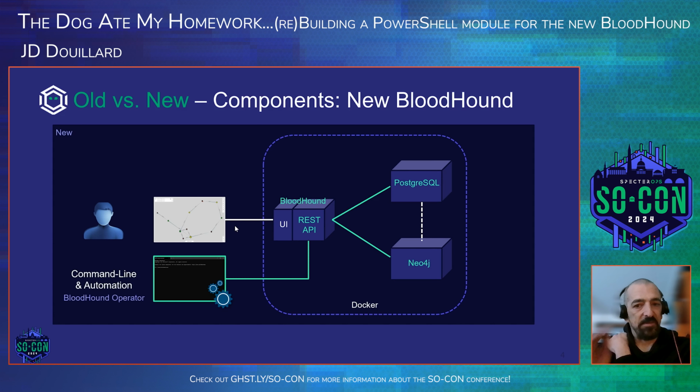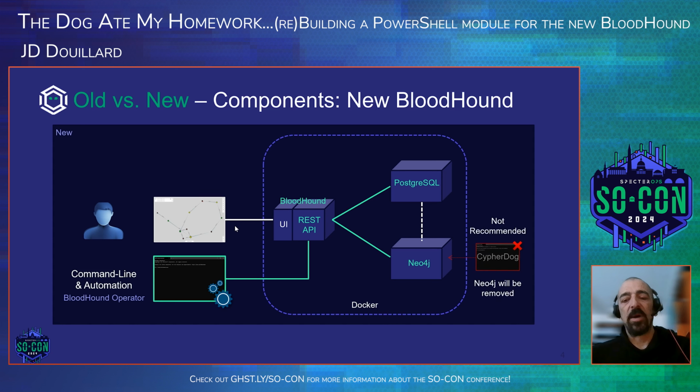So like I said, this is the path for the new tooling, and we'll see that it covers all aspects of the application. If you're building tooling, it's not recommended to talk to Neo4j directly, even though you can do it.